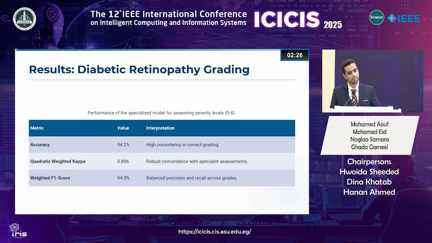And for diabetic retinopathy DR grading, accuracy is slightly better at 94.2%. Quadratic weighted kappa is 0.896, which is a robust concurrence with specialist assessment, and weighted F1 score is 94.0%, with balanced precision and recall.